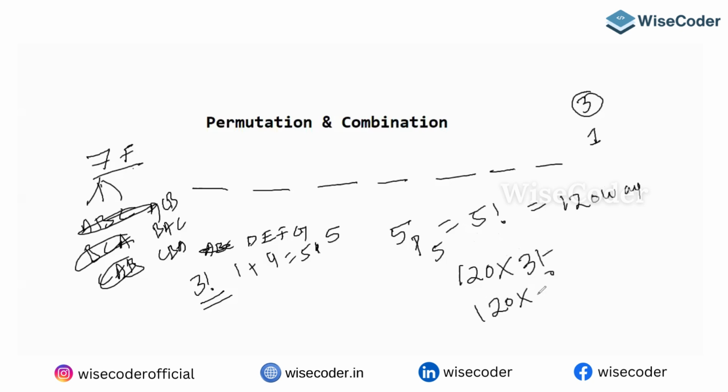So 120 into 3 factorial, which is 6: 12 times 6 is 72 and a 0, that will give you 720. Whenever they are together, always remember, this is a standard model.